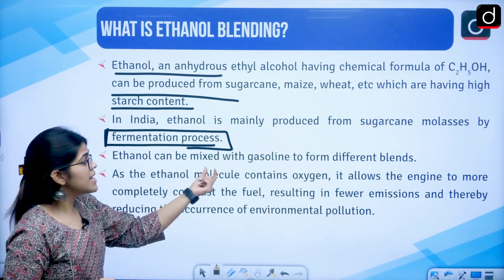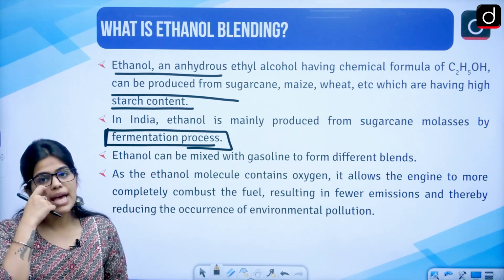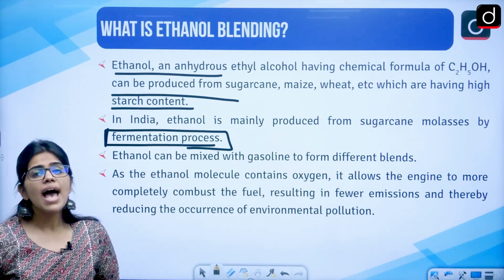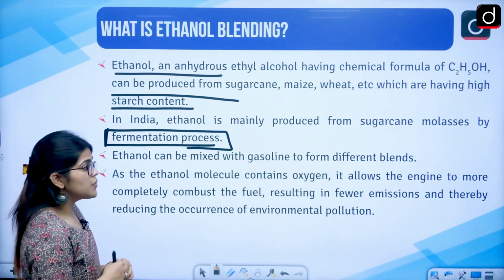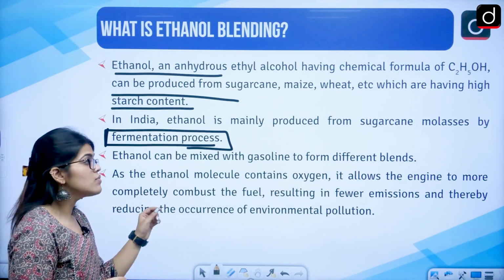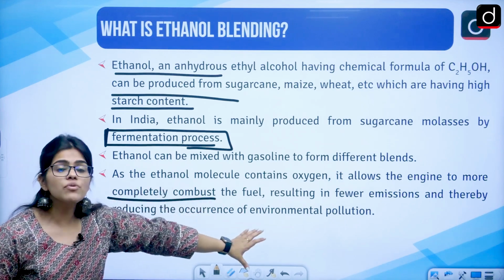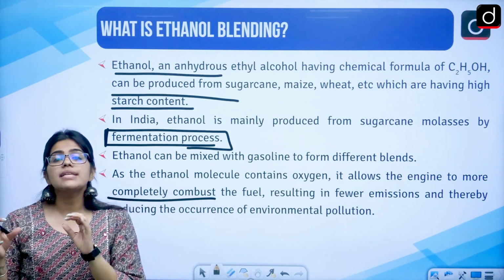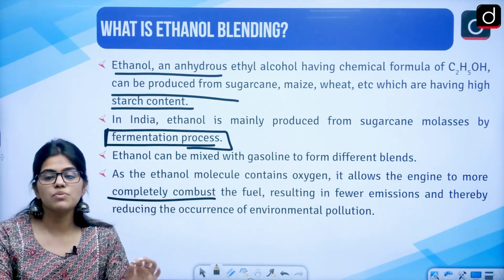Ethanol can be mixed with gasoline to form different blends, and this blend can be used in different vehicles and in other activities as well. As the ethanol molecule contains oxygen, it allows the engine to more completely combust the fuel. Because of incomplete combustion, a lot of air pollution was being added.